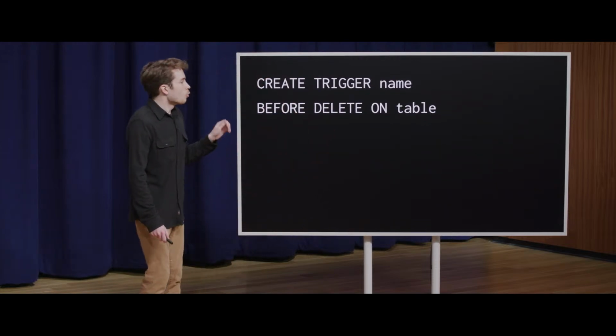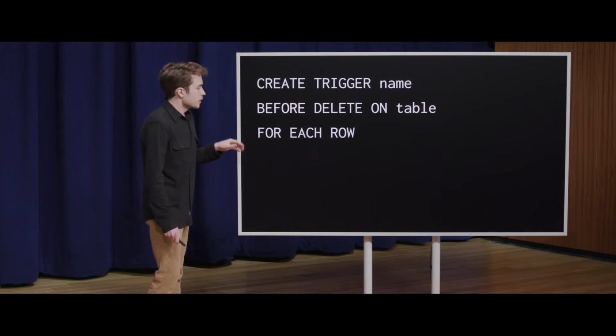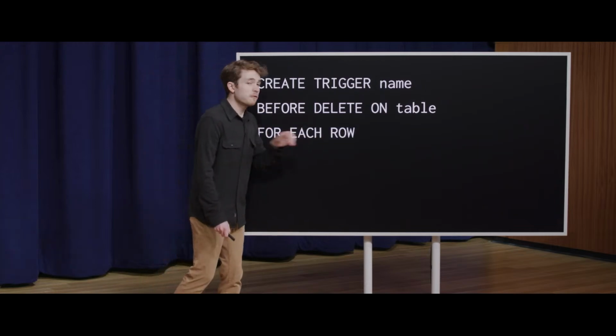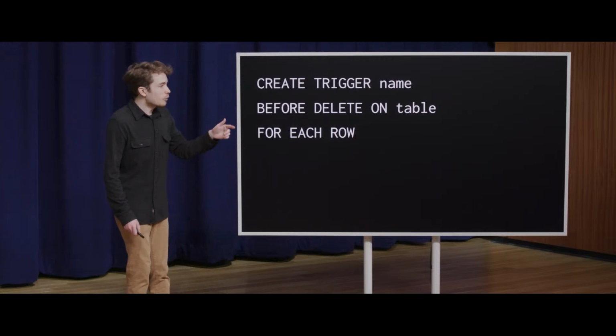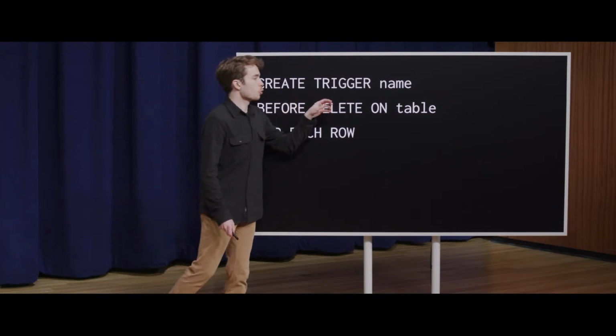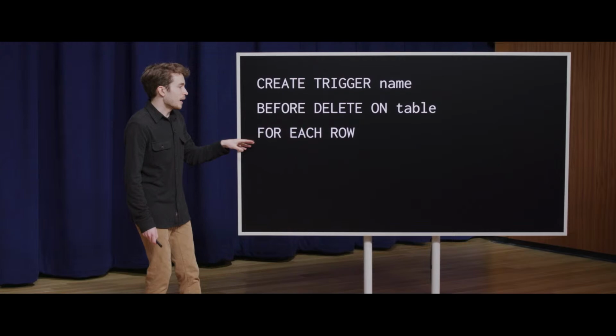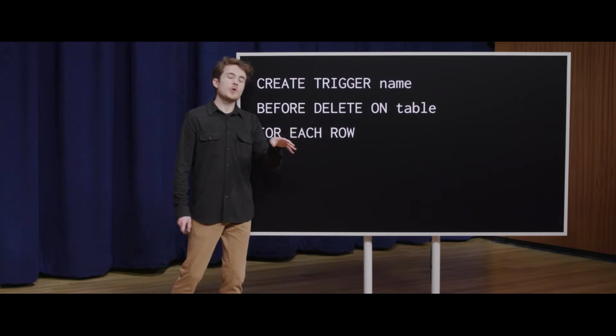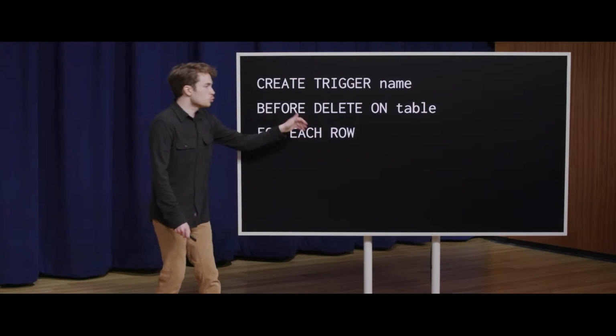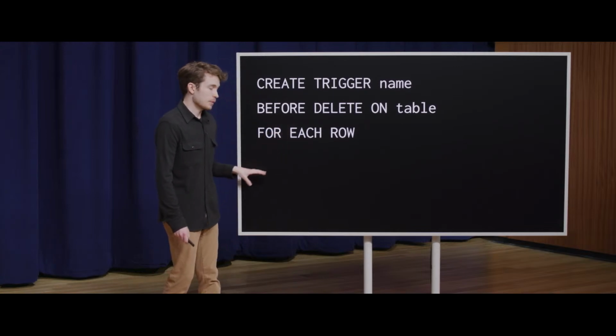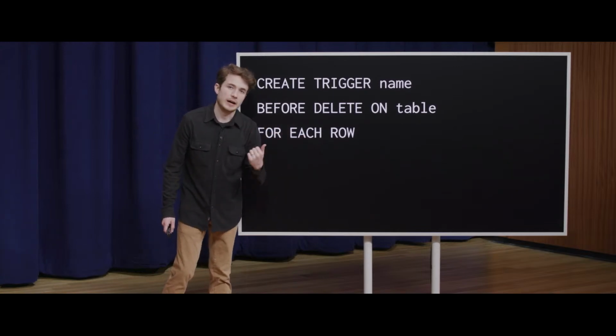Now, after we say this, we should say too is for each row. For each row means that if I were to maybe delete multiple rows, I should run my SQL statement for each row that I delete. If I delete 2 rows, I should run this statement, coming soon, 2 times.